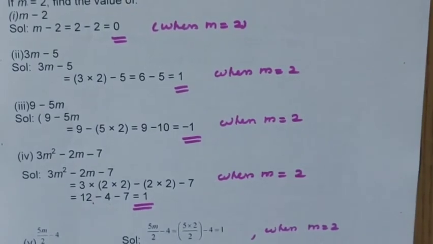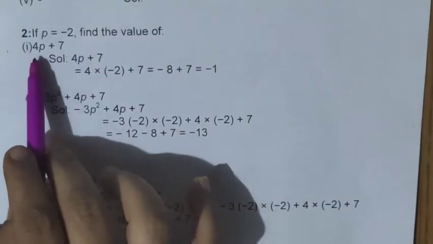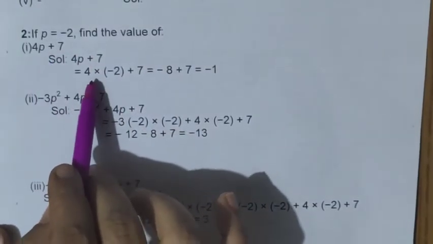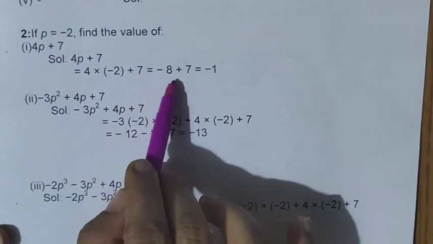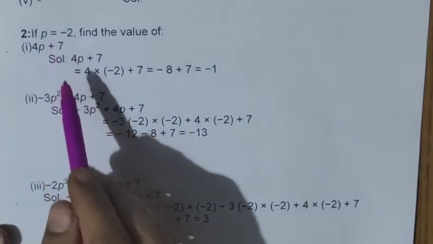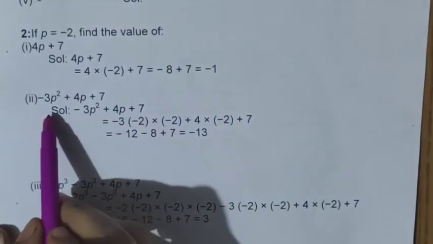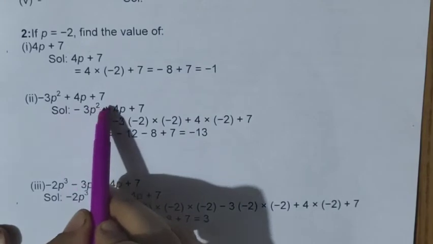Okay. The next question. If p equals minus 2, find the value of 4p plus 7. So 4 into minus 2 plus 7, minus 8 plus 7, equals minus 1. Similarly, when p equals minus 2, what is the value for this particular algebraic expression? What is the expression? Minus 3p square plus 4p plus 7.